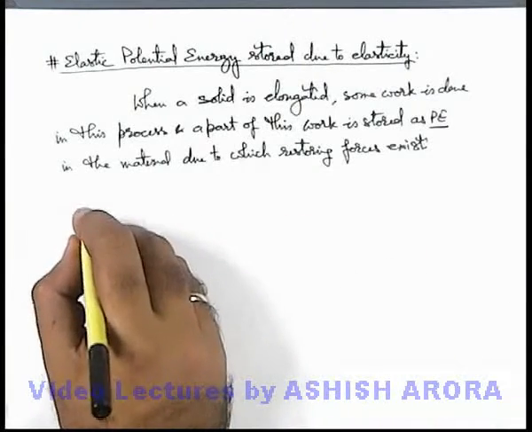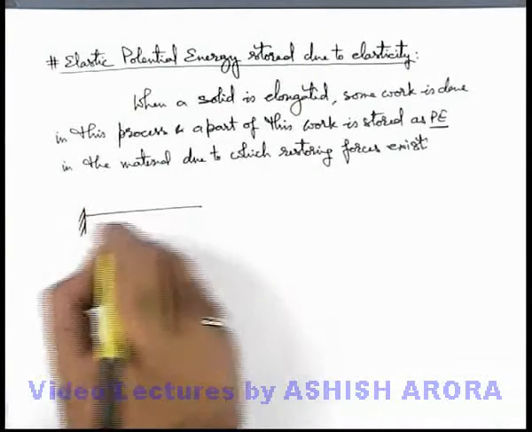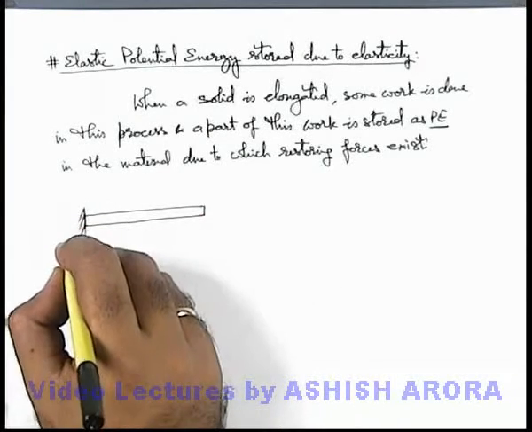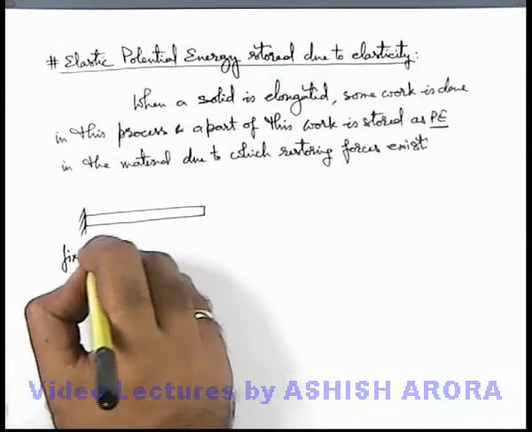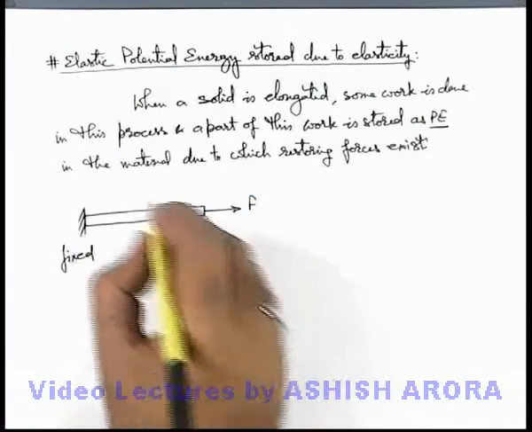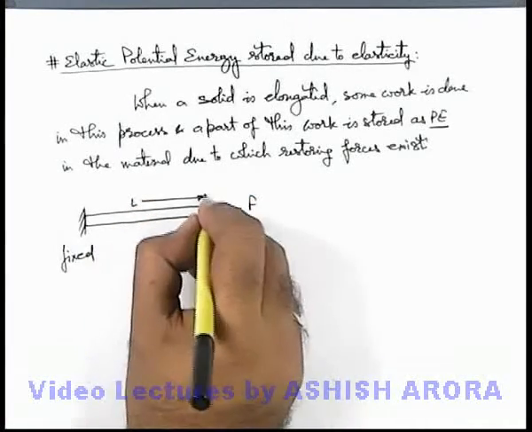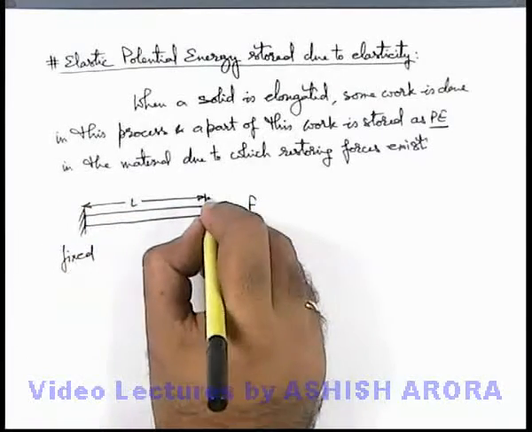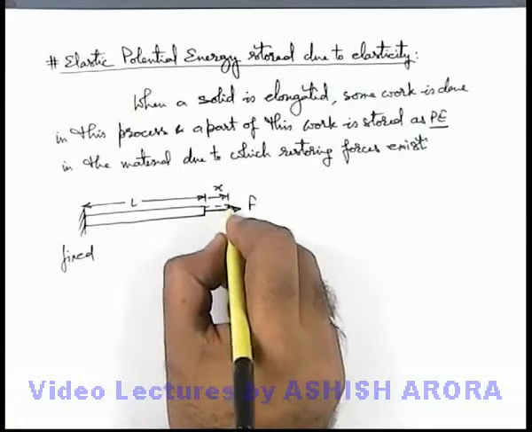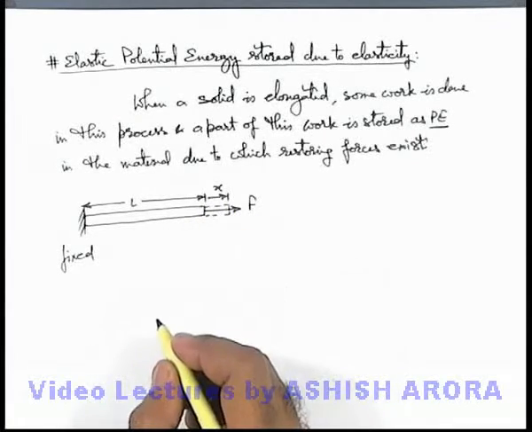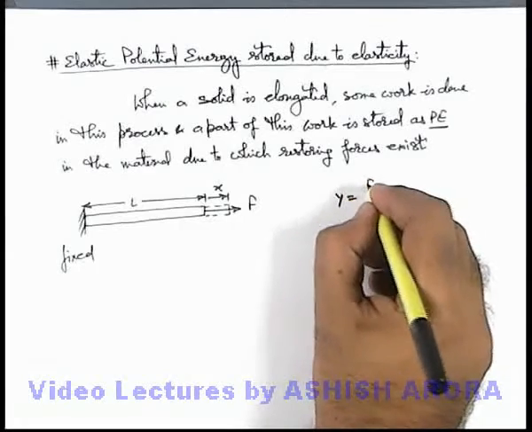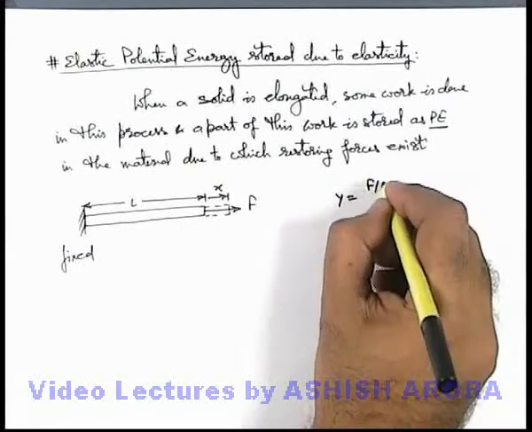For example, say we have a rod, and one end of the rod is clamped, it is fixed, and the other end is pulled out with a force F. It is of length L, and say we elongate it by a further distance X. In this situation, by the definition of Young modulus of the rod, Young modulus is force upon the cross-sectional area of the rod.